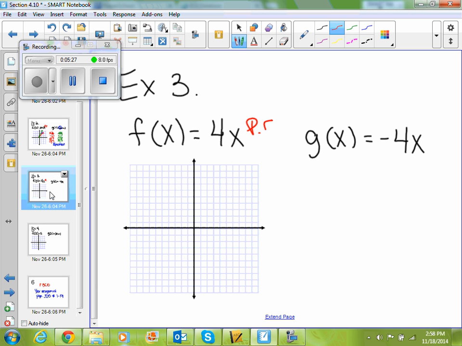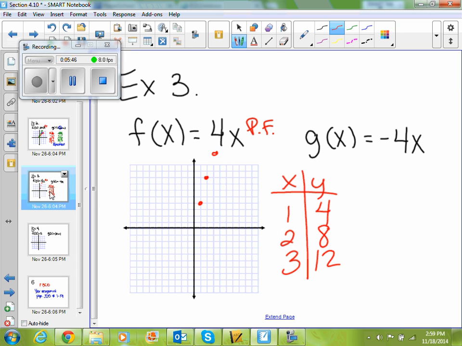So f of x equals 4x is my parent function. If I use 1, 2, and 3, 4 times 1 is 4, 2 times 4 is 8, 3 times 4 is 12. So for my first function, I'm at 1, 4, 2, 8, 3, 12.